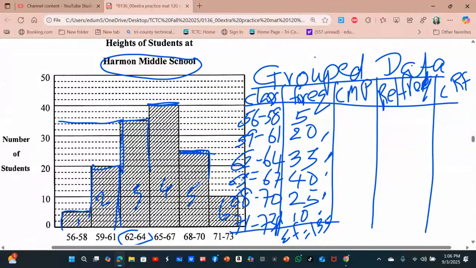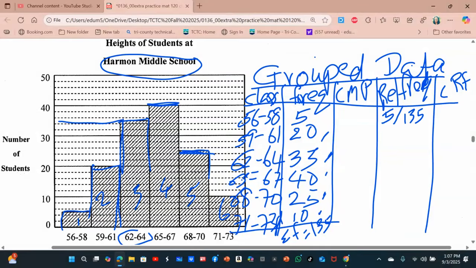The next thing is to find what is called the relative frequency. The relative frequency is always the frequency of the class divided by the total frequency. So for the first class, the relative frequency is 5 out of 135.